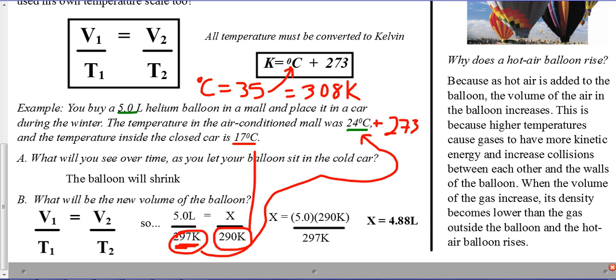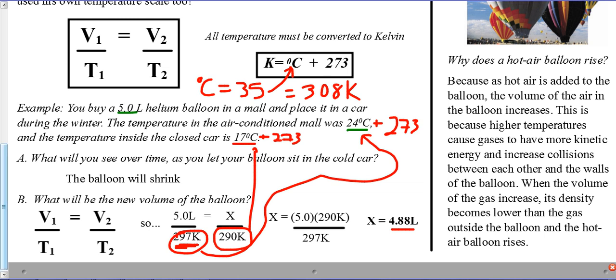I took 17 degrees Celsius and I added 273. And when I solve for x, I take 5, multiply it by 290 Kelvin, and divide it by 297 Kelvin. And I get that the new volume went down from 5 to 4.88 liters. So it decreased by 0.12 liters. And that makes sense because the temperature went down, so the volume should go down.